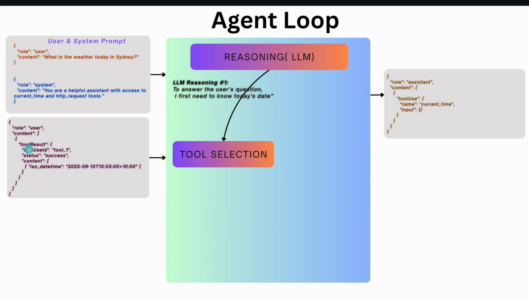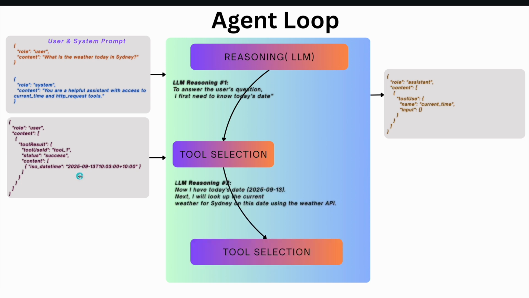You can see the tool result is again parsed and sent as a user prompt with the tool use ID, the status of it, and the content, like the datetime value of it, and that is again fed back to the LLM. The LLM now has to do the next reasoning, because now it has today's date, and it has to look for the current weather for Sydney on this day, and it has to make an API call.